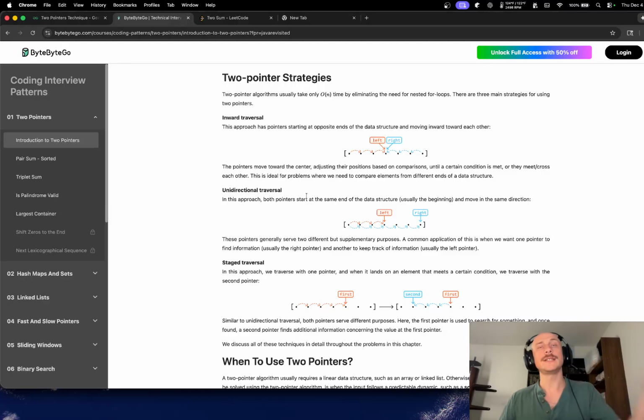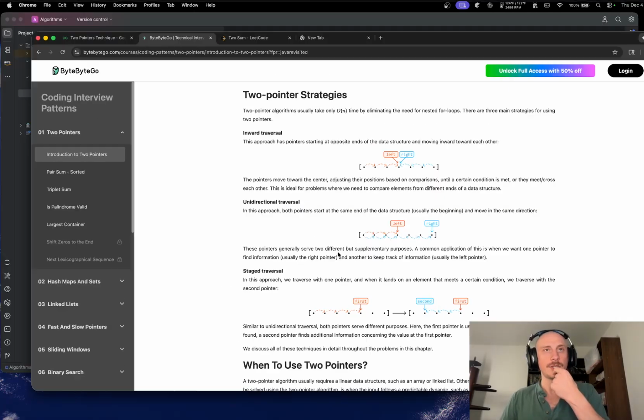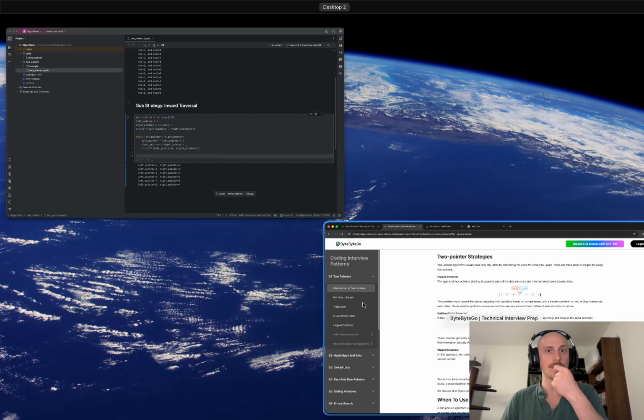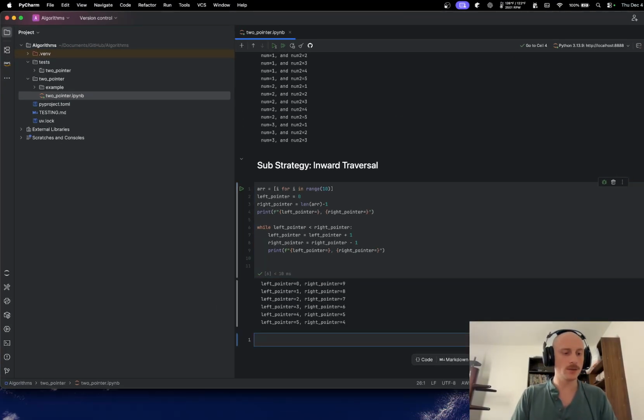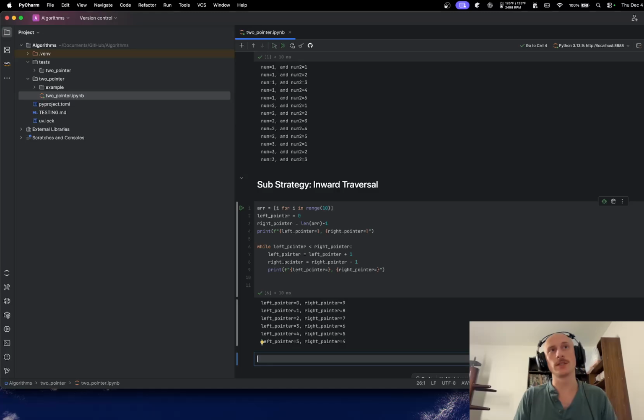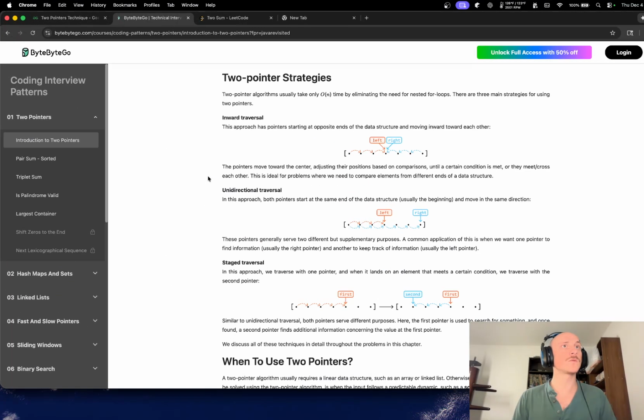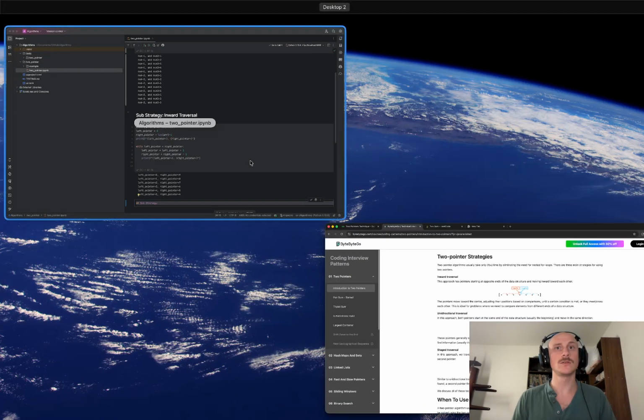Okay, so let's talk about that. Moving on, we have our second strategy here, which is called unidirectional traversal.